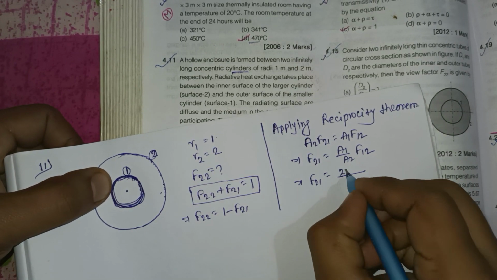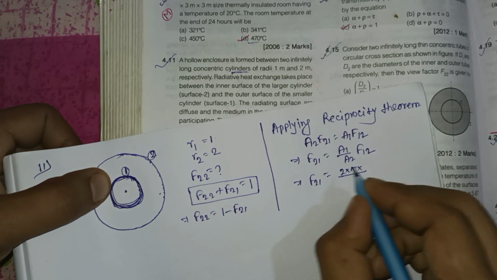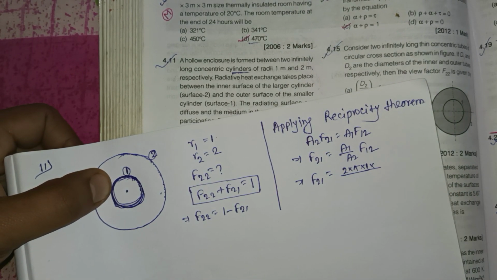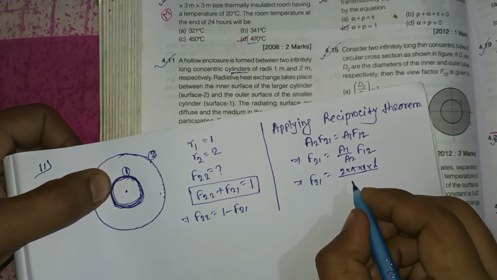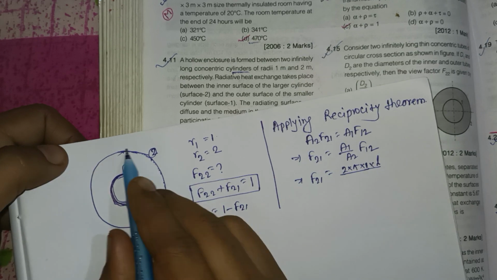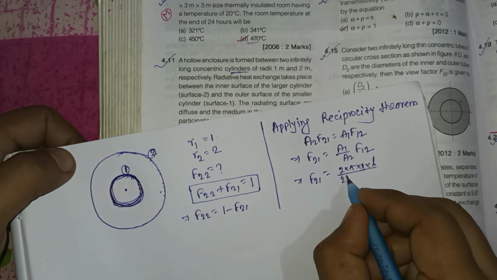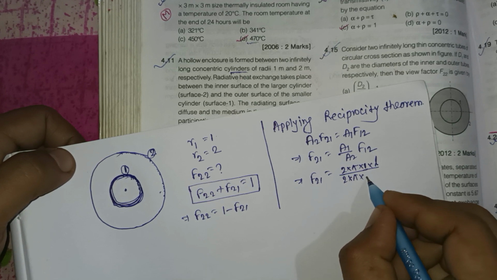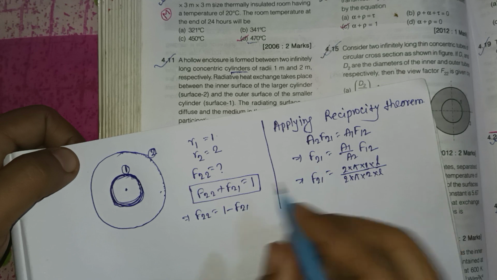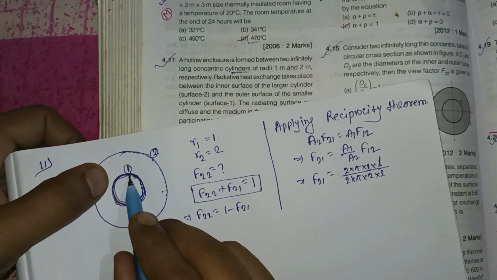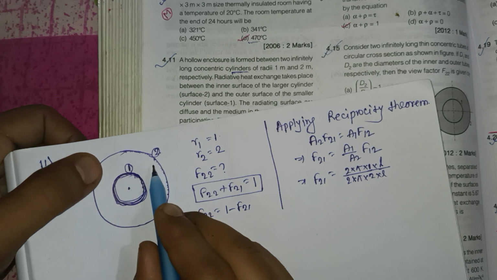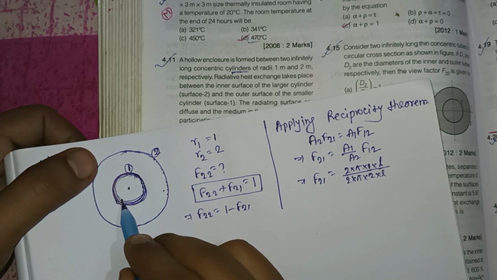So 2 into pi into R1, that is 1, into L, divided by the area of surface 2, that is 2 into pi into r, where r is 2, into L. And what is the value of F12? The fraction of heat transferred from 1 to 2 by radiation is equal to 1, because this is the cylindrical surface.